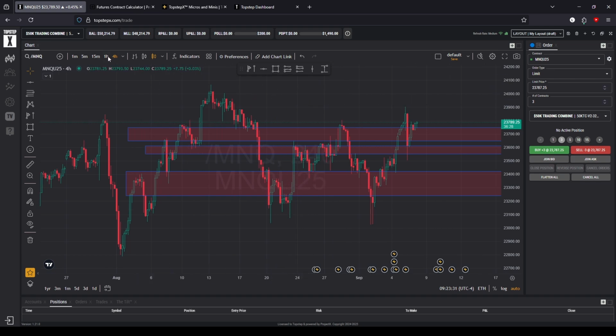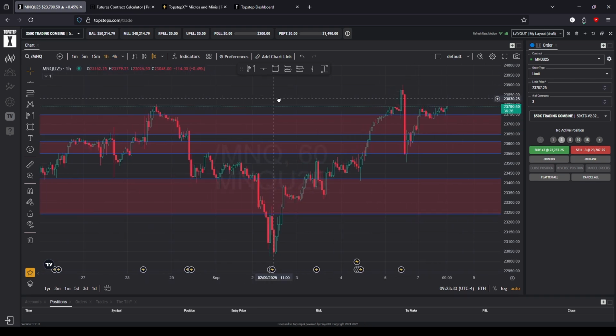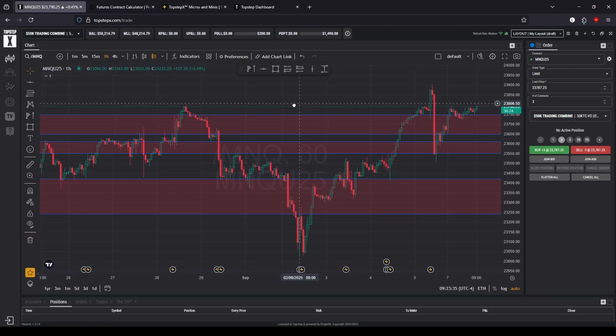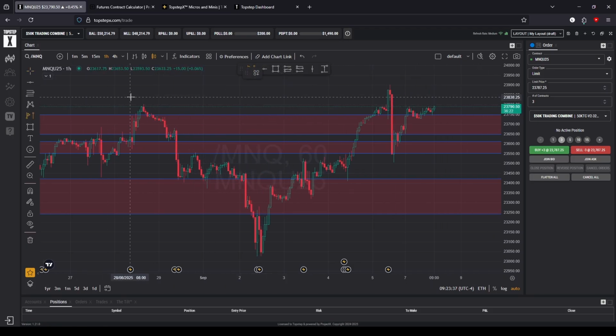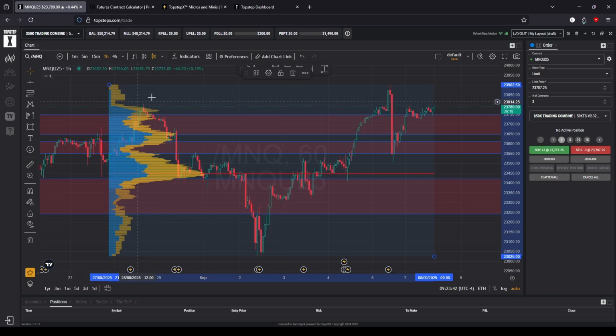So after I'm done with the 4-hour chart, I come down to the 1-hour chart, and I'll just do the same thing. This time is from 27th of August. And once you go down into lower time frames, you get a bit more detail.